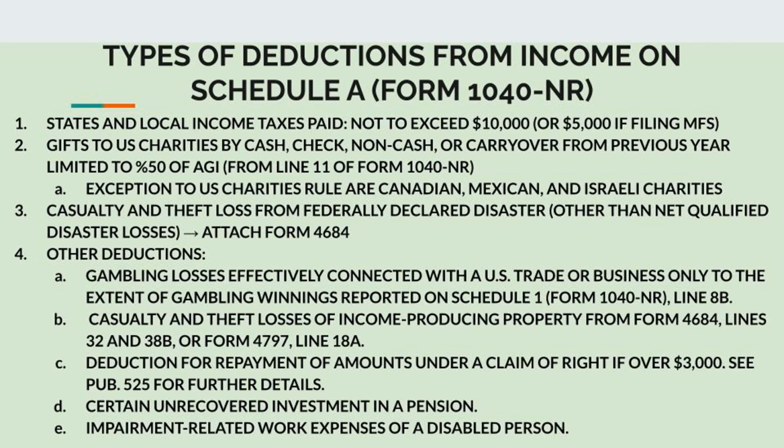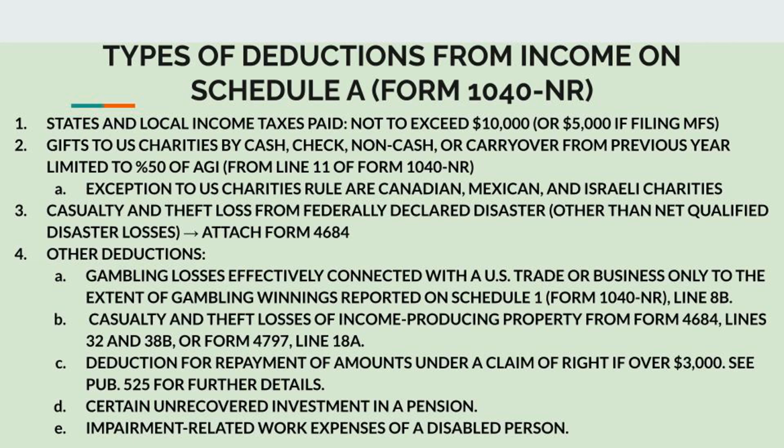So if you were running a trade or business and you had income producing property, equipment that you were using, for example, and you had a casualty or theft loss on that equipment, you can go ahead and fill out Form 4684 or Form 4797 and import the results to Schedule A.